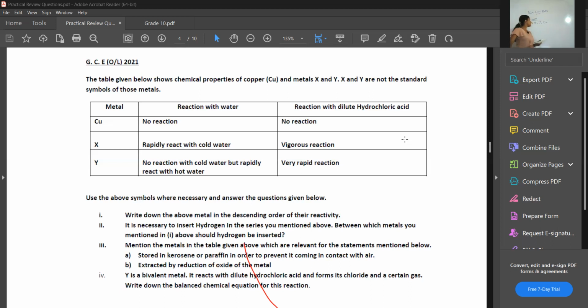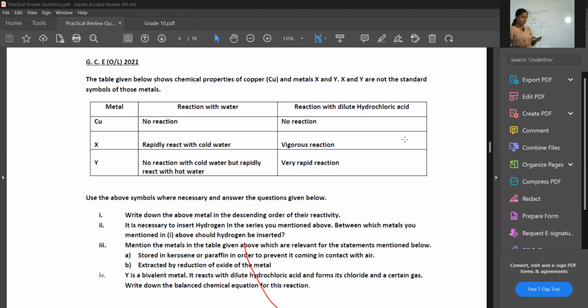This is about the activity series, right? I will explain it later. So we have to put hydrogen here between Y and copper. Hydrogen is there, between Y and copper.